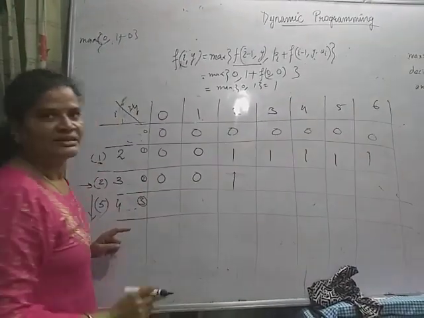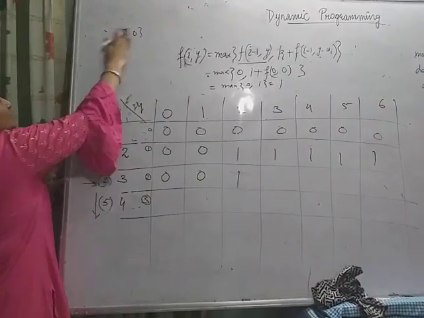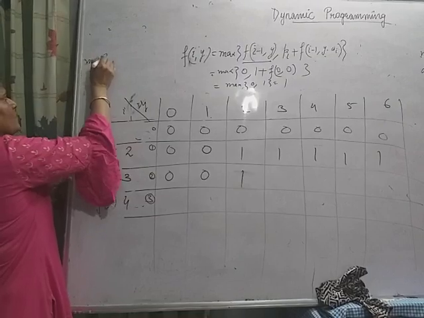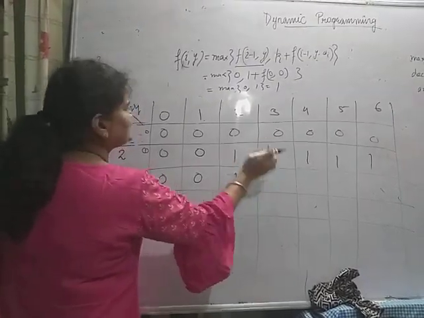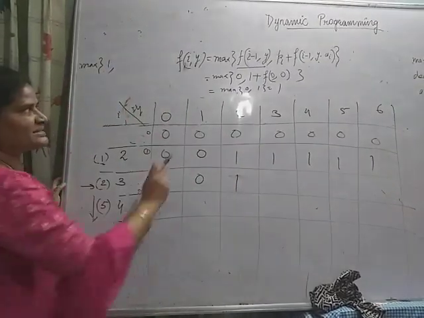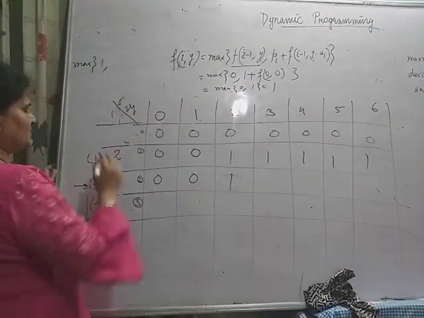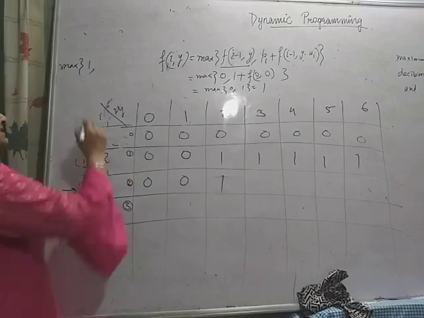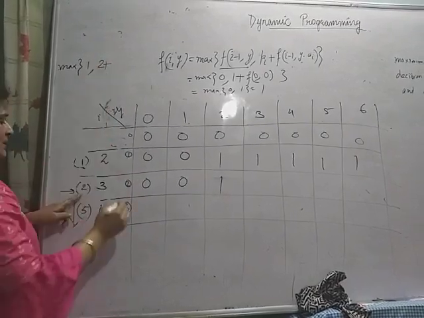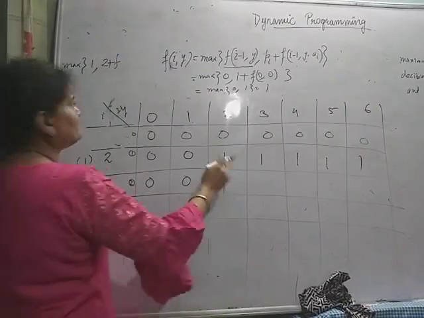Now 3 can be accommodated. So what we do? The maximum value of previous entry is 1. Previous entry Fi minus 1 y, that is 1. And then simply what is the profit earned from the second object is 2. 2 plus f of I minus 1.